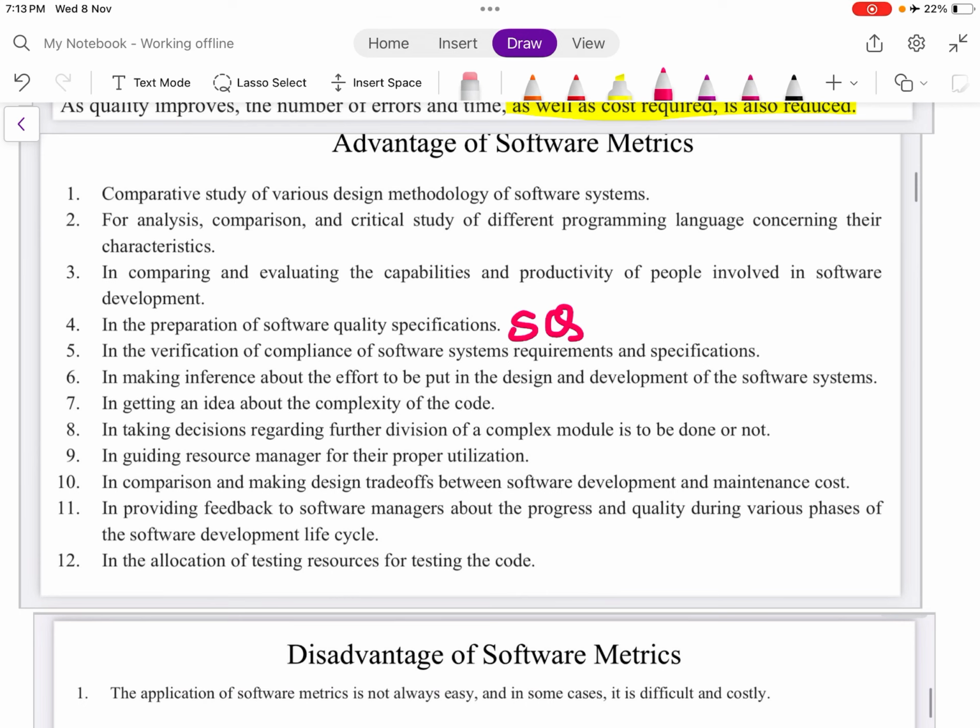In making inference about the effort to be put in the design and development of the software system, in getting an idea about the complexity of the code, in taking the decision regarding whether further division of a complex module is to be done or not, in guiding the resource manager for proper utilization, in comparison and making design trade-offs between software development and maintenance cost, in providing feedback to the software managers about the progress and quality during the various phases of the software development life cycle, in the allocation of testing resources for testing the code.